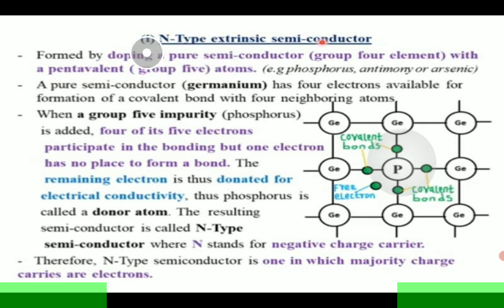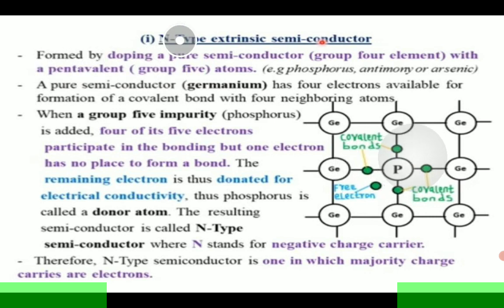N-type extrinsic semiconductors are formed by adding to a pure semiconductor, which is a group 4 element, an example being silicon, a pentavalent element or atom. Penta means 5, valent means electrons, and mostly these are group 5 elements. Take note.